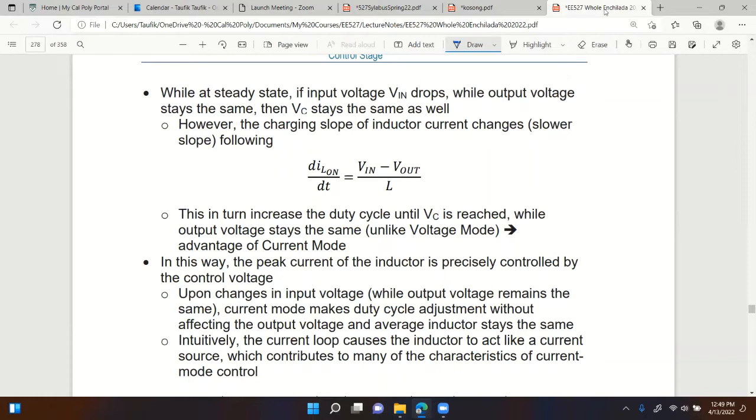Okay, let's go through this. That's the second case right here. While at steady state, if input voltage Vin drops, while output voltage stays the same, that means VC stays the same. Remember that picture again? I'll draw it again.